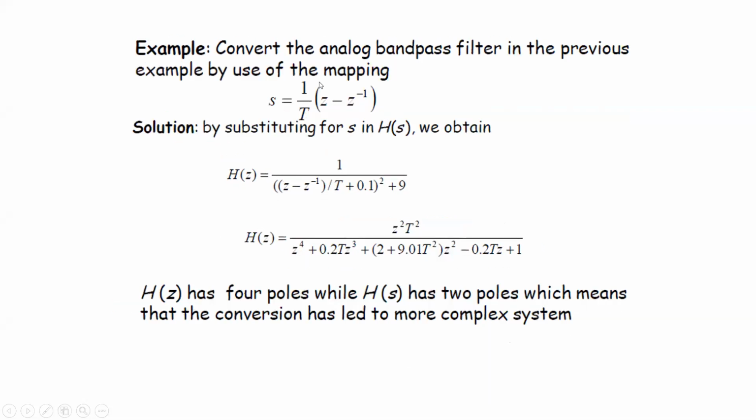But when we use this approximation, we got this transfer function, and if you see carefully, the denominator polynomial is of order 4. That means it has 4 poles, while H(s) has 2 poles. The analog filter has 2 poles, which means that the conversion has led to more complex systems.